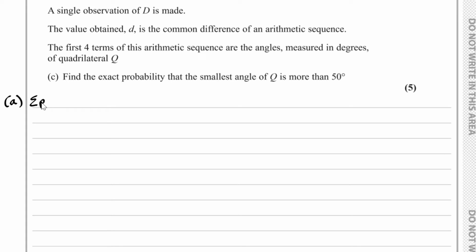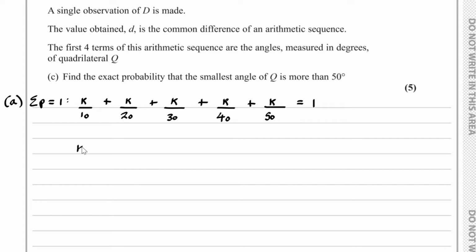So the sum of probabilities is equal to 1, and using this, if we add up all those probabilities and set that equal to 1, we have over here k over 10 plus k over 20 plus k over 30 plus k over 40 plus k over 50, all this added together is equal to 1.